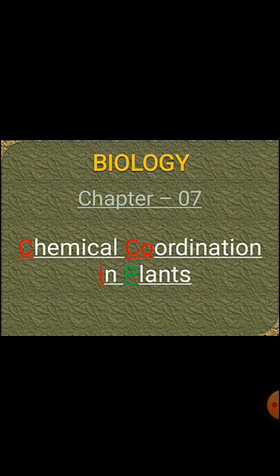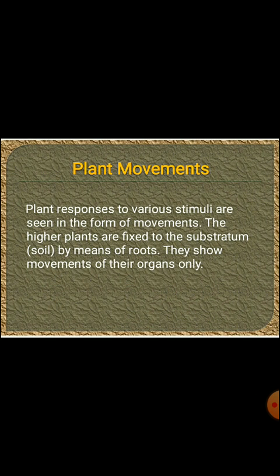In today's video, we are discussing plant movement. Means plant responses to various stimuli are seen in the form of movement. The higher plants are fixed to the substrate by means of roots. They show movement of their organs only, and these movements can be seen in the form of growth dependent or growth independent.